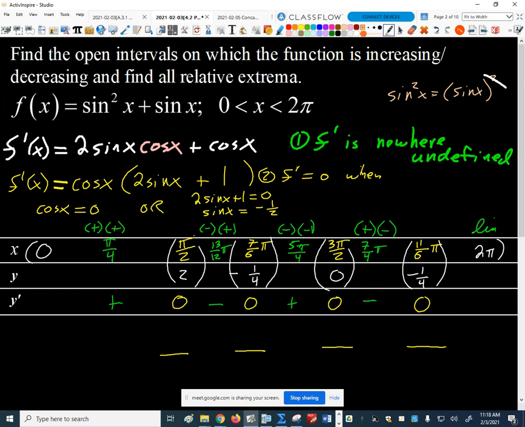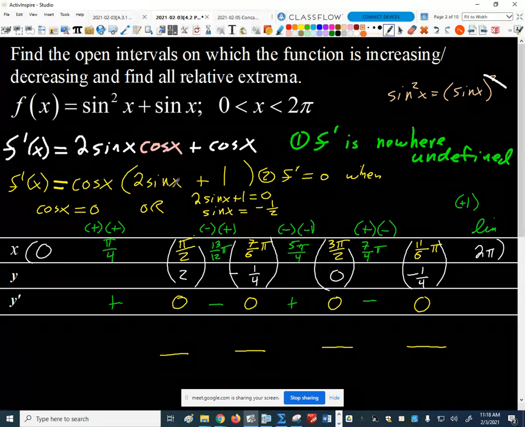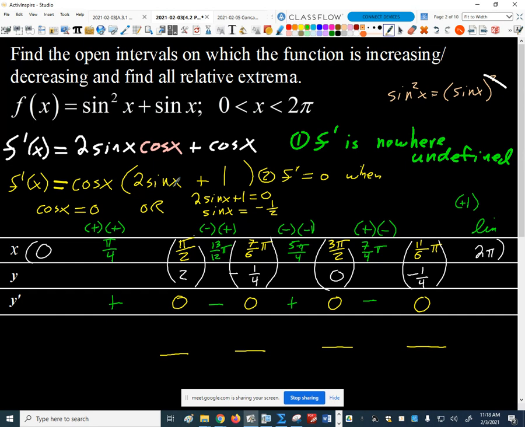If we take a limit at 2 pi, what are we going to get? As x approaches 2 pi, the cosine is approaching positive 1, right? And the sine is approaching 0, right? 2 times a number that's approaching 0 is really small, plus 1 looks a lot like 1, doesn't it? So positive 1 times positive 1 is definitely positive.